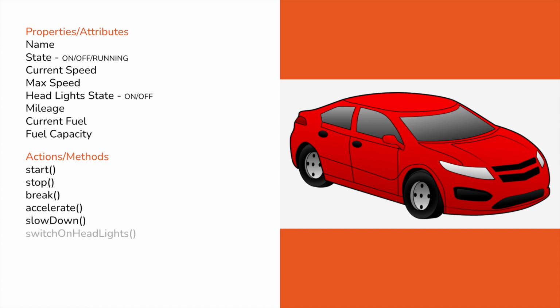So you can also switch on the headlights, you can switch off the headlights, you can refill the fuel as well, right? And showDetails is just to print what are the properties, values. So you can simply say what is the state at any current point in time. So that you can print using showDetails.